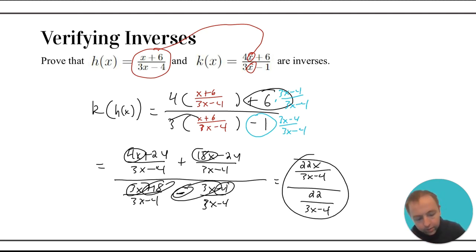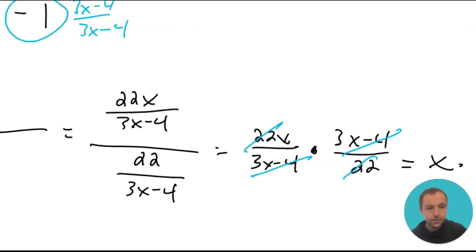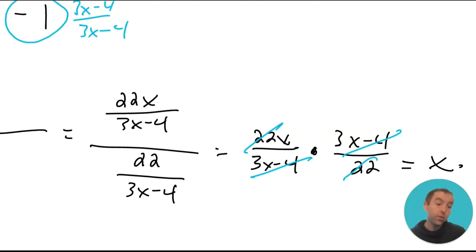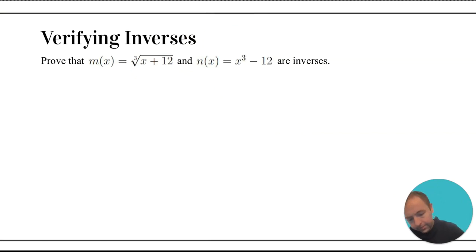And then now you can actually just take this and do keep, change to multiply, and flip. And then you'll find that the 3x minus 4s will cancel, and the 22s will cancel, and it just equals x. You can see right there. So therefore, you know that they're inverses.